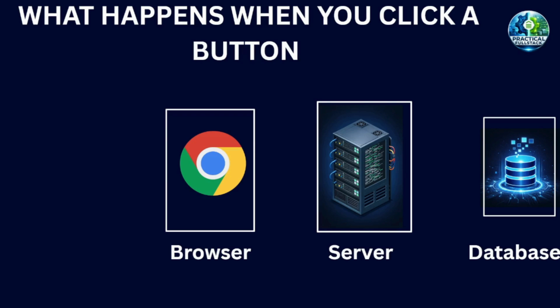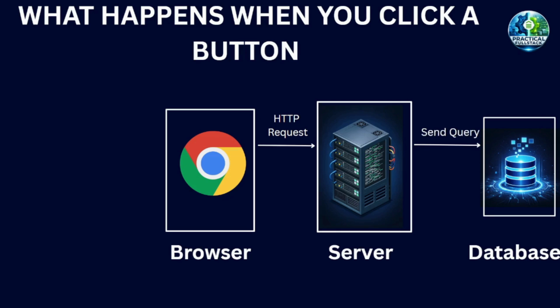Imagine you click the login button. First, the browser sends the HTTP request over the internet. That request reaches the server. Now the backend takes over. Your application code written in C# starts processing the request. It sends a query to the database to check your data.